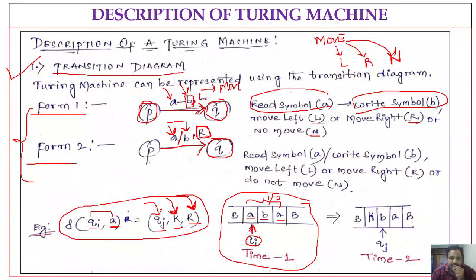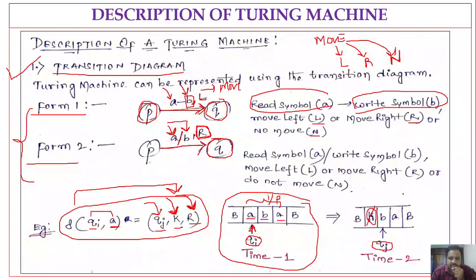So as per this particular transition function, what will happen? It moves to the state qj, and then it replaces small a with k, and moves one position towards right.